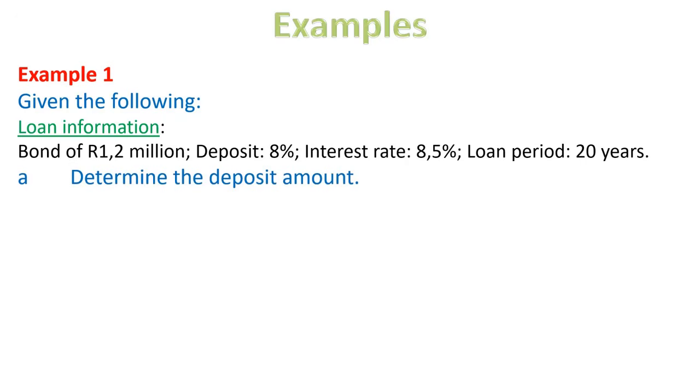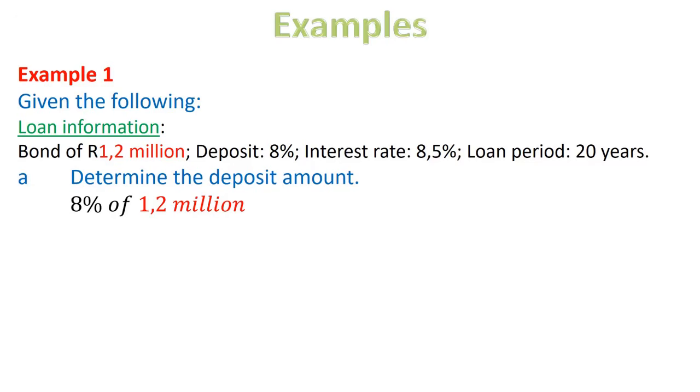A. Determine the deposit amount. Now if you remember back, our deposit amount is 8% of our 1.2 million. That's how we work out our deposit amount, 8% of 1.2 million.